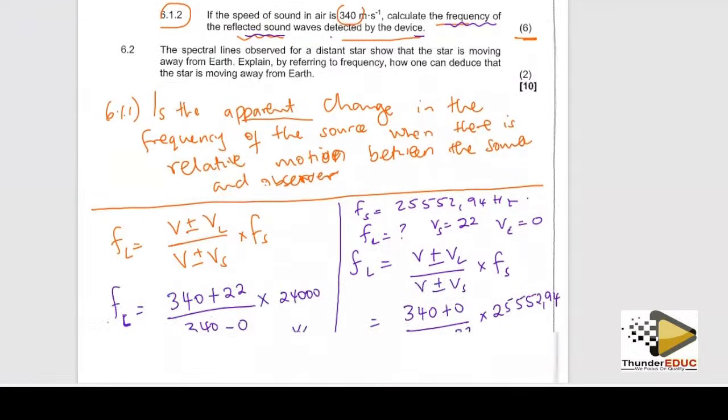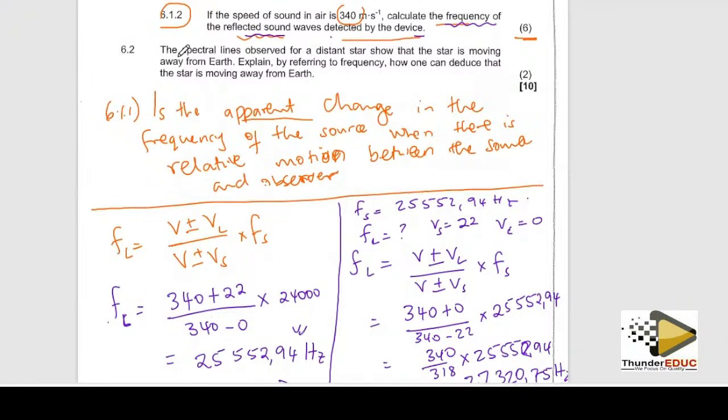Okay, then 6.2. They're telling us that the spectral lines observed from a distant star will show that the star is moving away from the Earth. Explain by referring to the frequency how one can deduce that the star is moving away from the Earth.